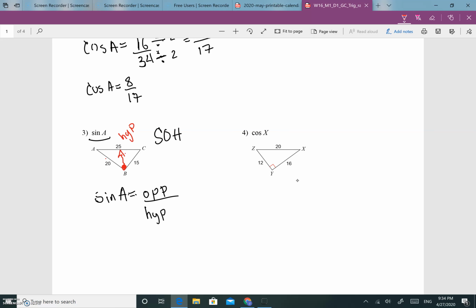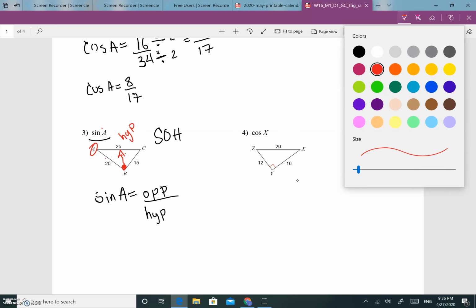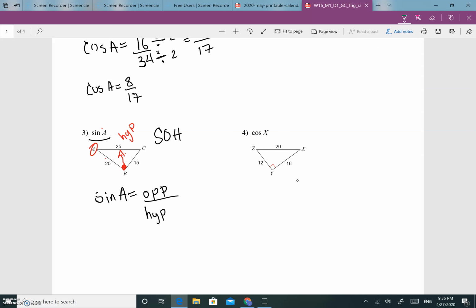And you're done. Now notice that this one's asking us for A. So sine of A. So we're focusing on this angle, A. So I'm going to make that one in green. So angle A is right here. So what's opposite to angle A? The side that's opposite to angle A is going to be 15. So this is going to be my opposite.